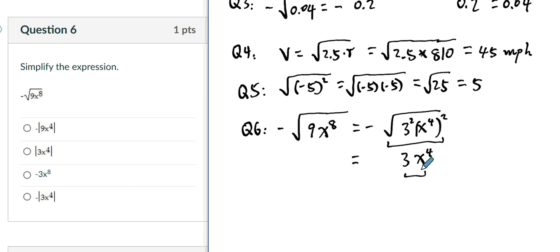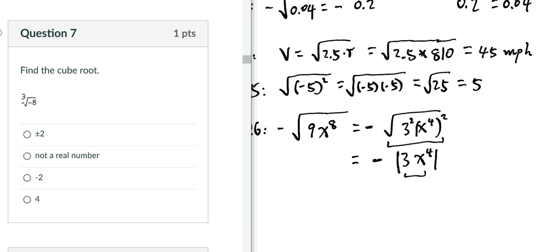And then, actually, this is already positive because any value you plug in here to the 4th is positive. But to be safe, you want to use absolute value. And then finally, we need to deal with the negative sign. So you put negative in front of it. And then here the answer will be the last one, the 4th choice. All right.